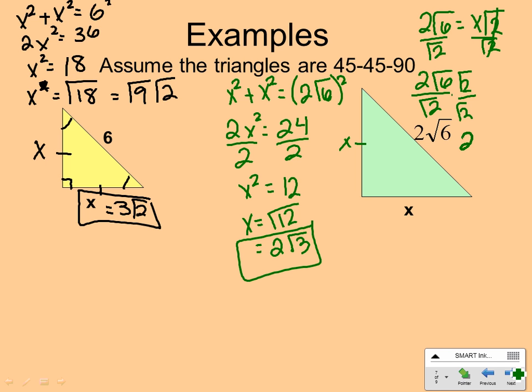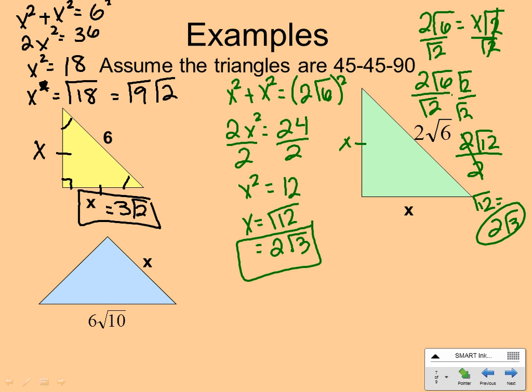So now I have 2 radical 12 over 2, and your 2's cancel off. Okay, so then I have radical 12, which we just found out, that's 2 radical 3. And you're done that way too. Don't care which way you go. The bottom line, you always go back to the Pythagorean theorem.